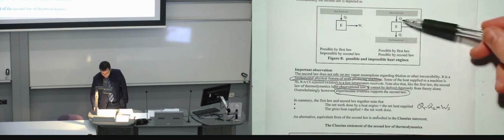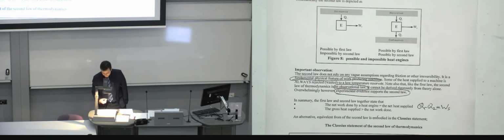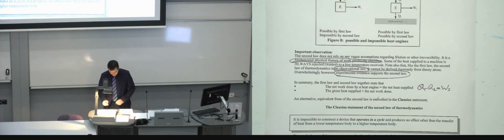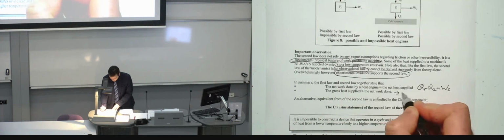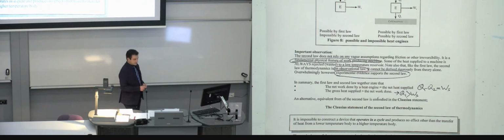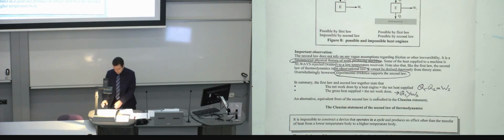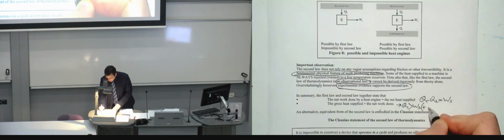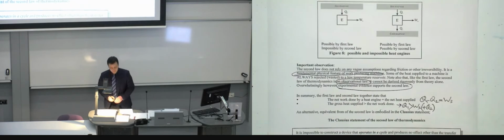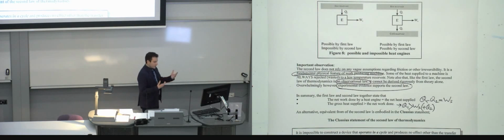And the gross heat supplied is bigger than the net work done, which means Q1 is bigger than Ws. You couldn't see that based on the first law, but it is true, and that's why you would have some sort of waste in the form of Q2 in order to balance both sides of the equation.